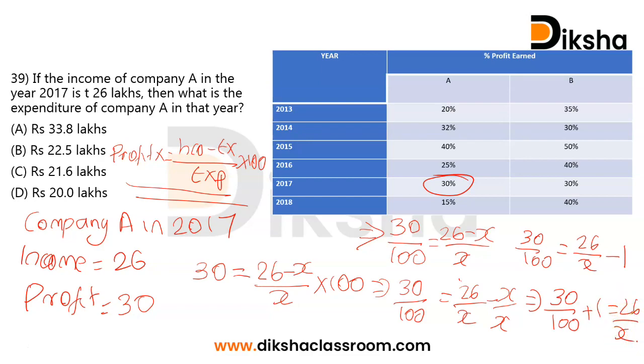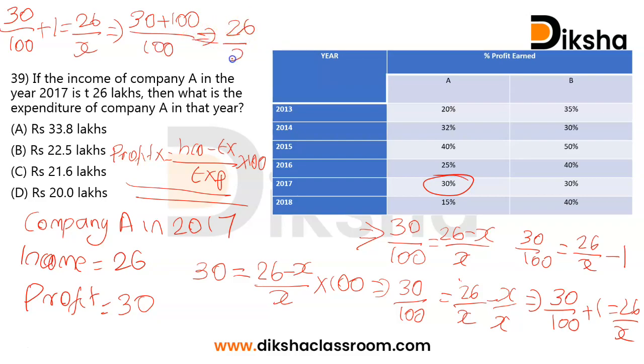Taking LCM, 30 plus 100 by 100 equals 26 by x, which gives 130 by 100 equals 26 by x.